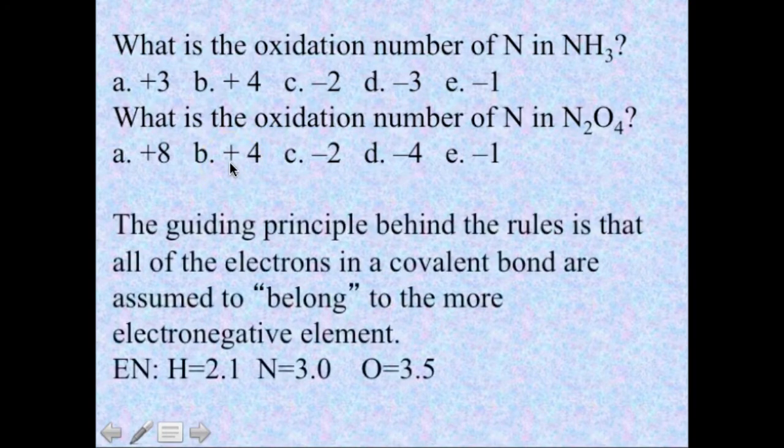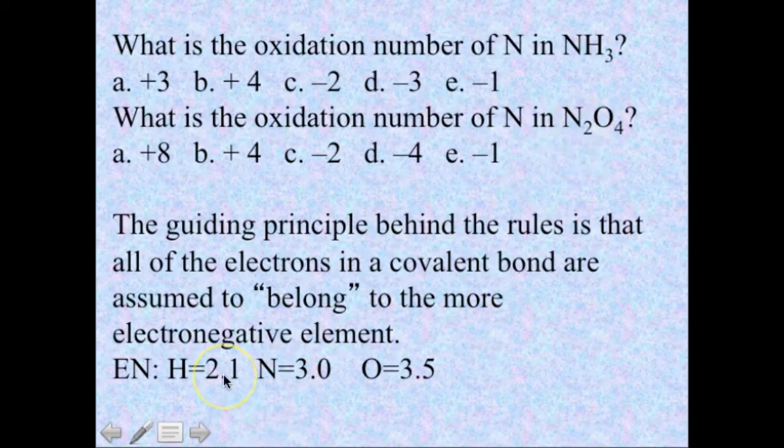You know, the guiding principle behind the rules on the previous slide is that all the electrons in the covalent bond are assumed to belong to the more electronegative element. Because oxygen is the second most electronegative element in the periodic table, we use its valence to come up with a -2 charge, just as if it were in an ionic compound, for the purposes of figuring out the oxidation state of the other element, like nitrogen in N2O4.